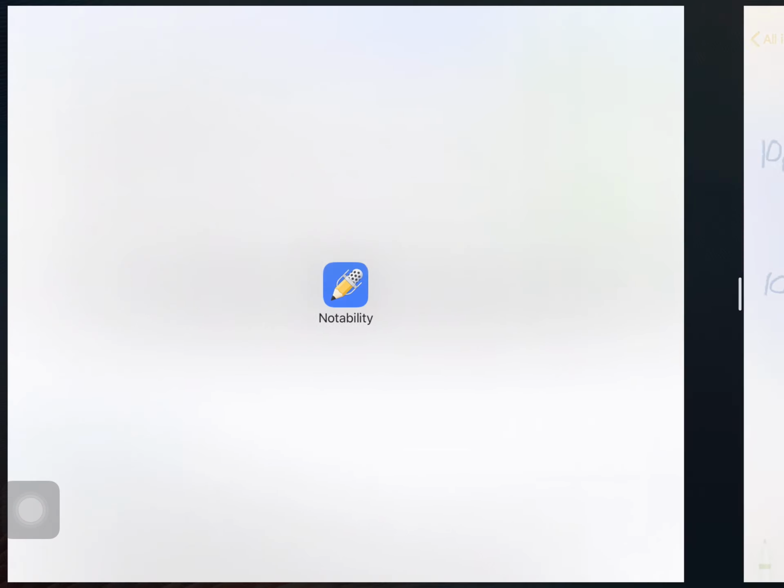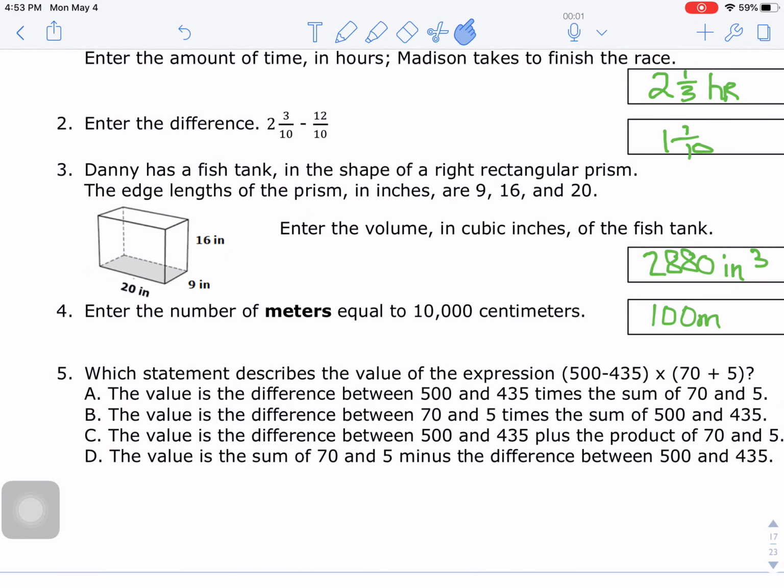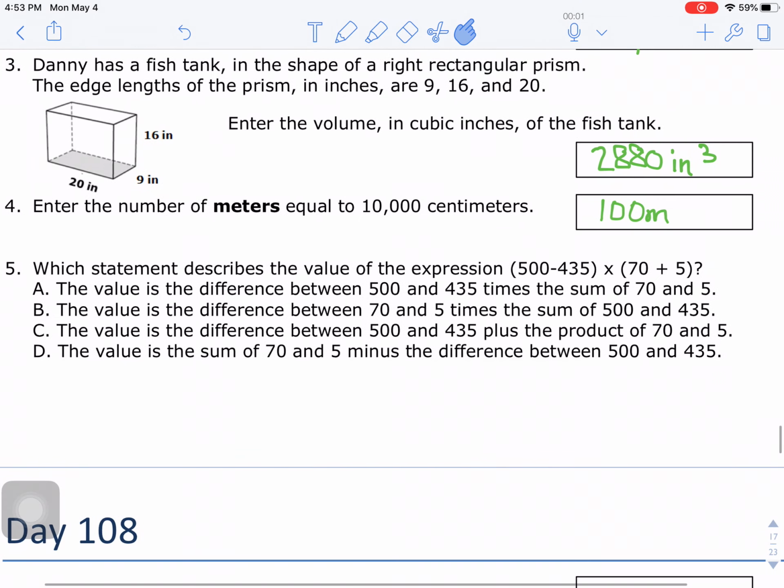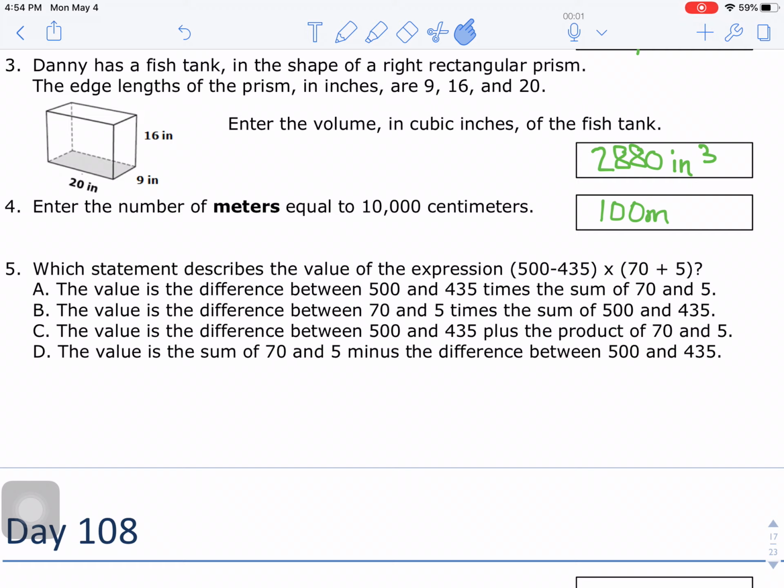And problem number 5. Which statement describes the value of the expression 500. Well, actually, when I take a look at this, we want to think of what's in parentheses as one thing, because remember, parentheses tell us what to do first.